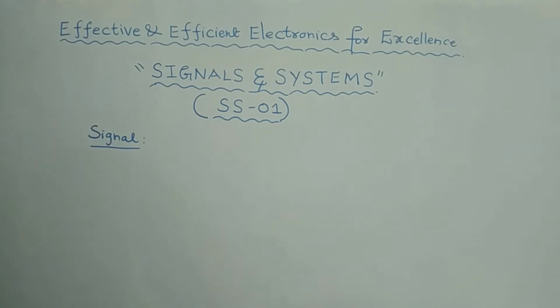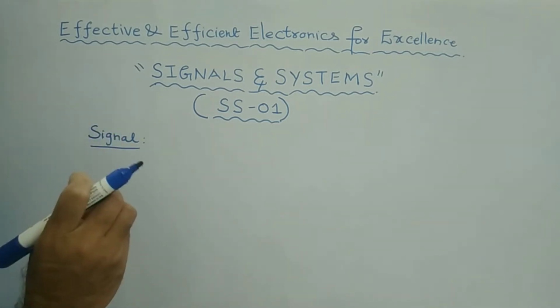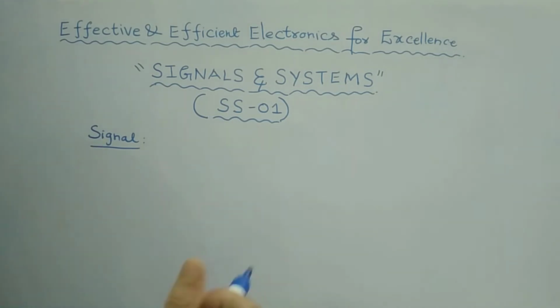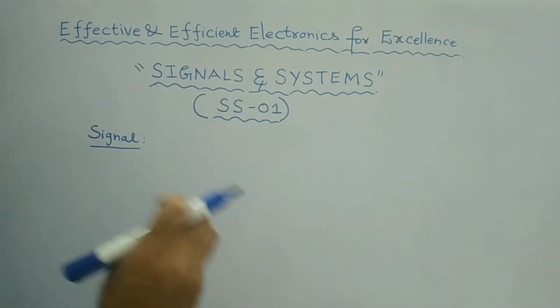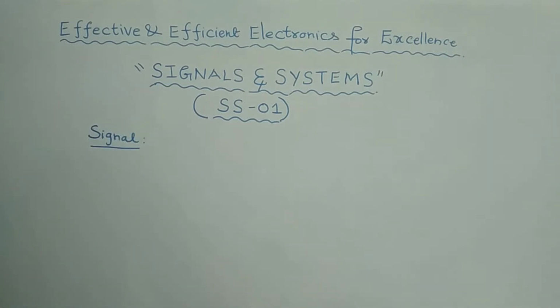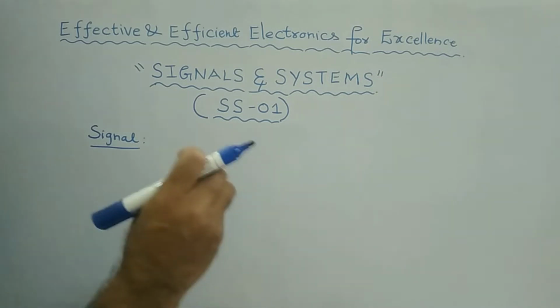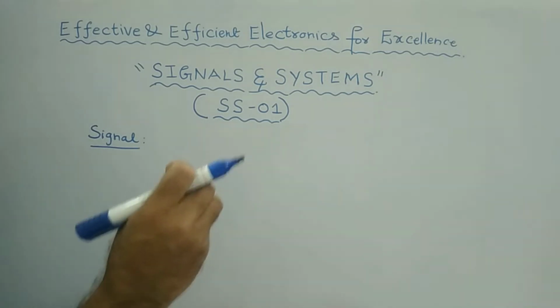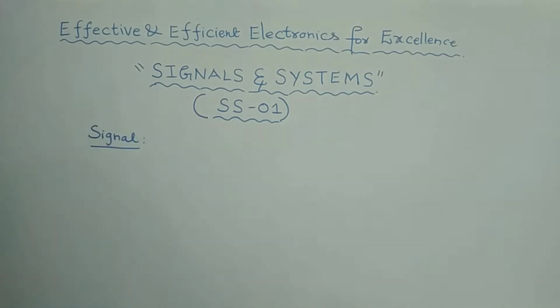A very interesting definition is that any physical quantity that conveys some amount of information is called a signal. Clear? Any physical quantity that conveys some amount of information is called a signal.